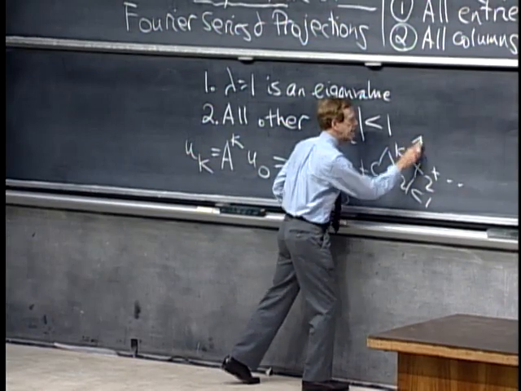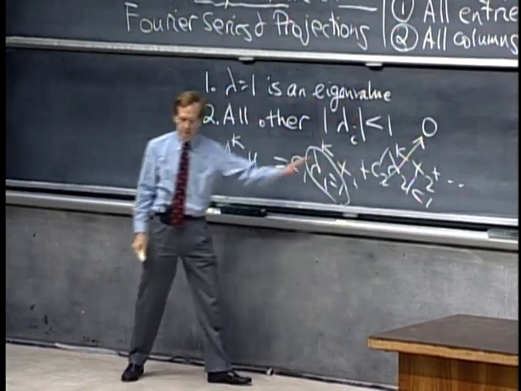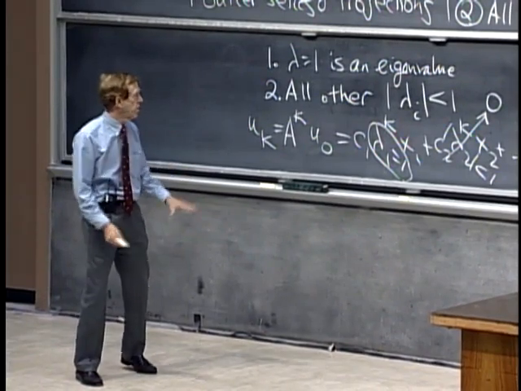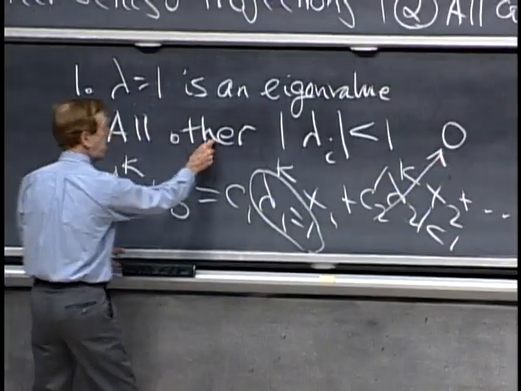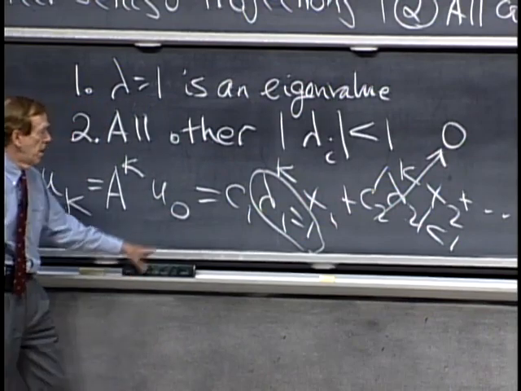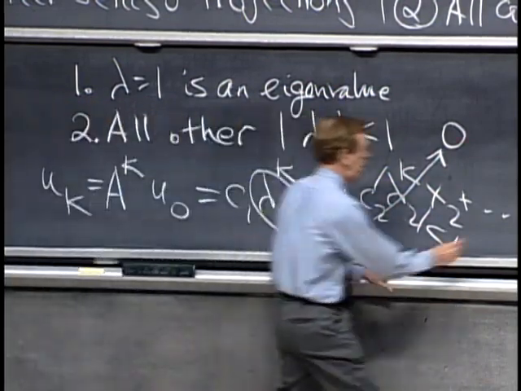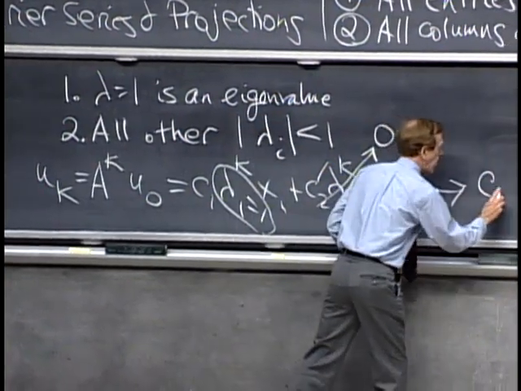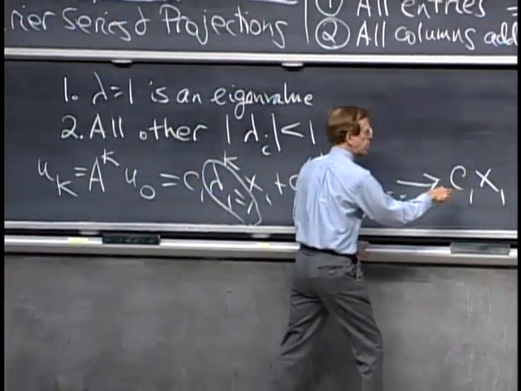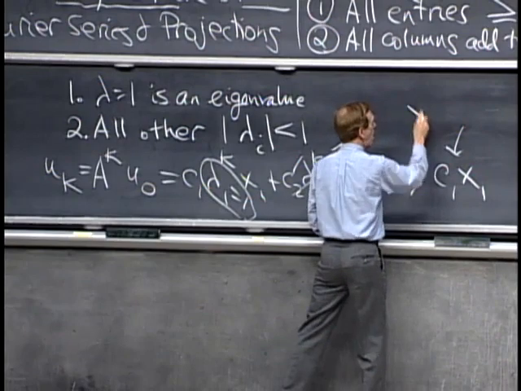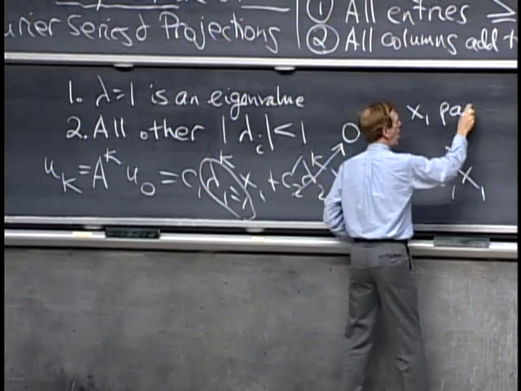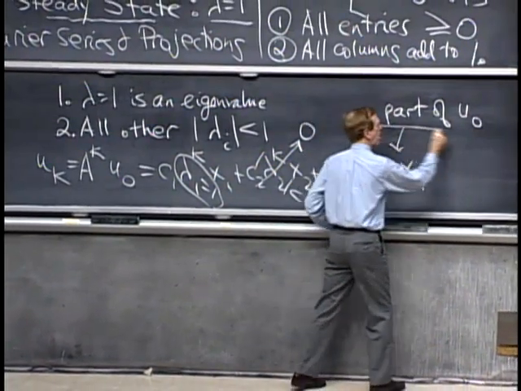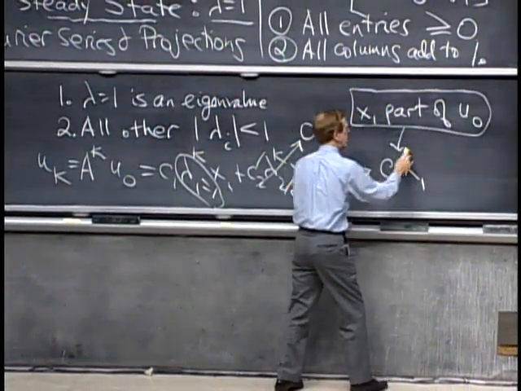Right? Having scratched over it, I might as well scratch further. That term and all the other terms are going to 0 because all the other eigenvalues are smaller than 1. And the steady state that we're approaching is just whatever there was. This is the x1 part of the initial condition u0. Is the steady state.